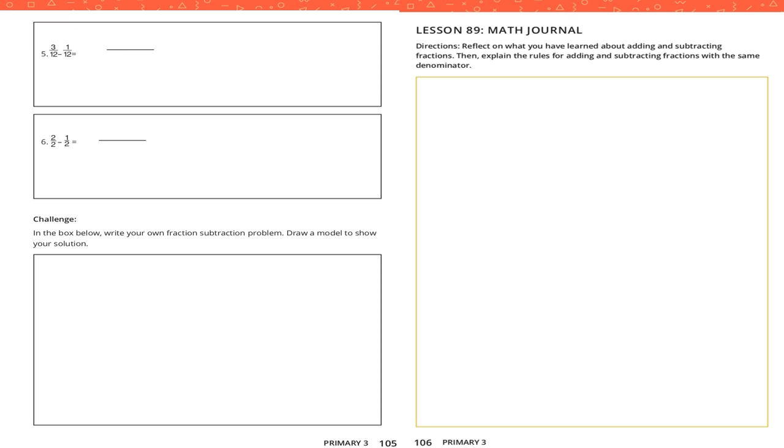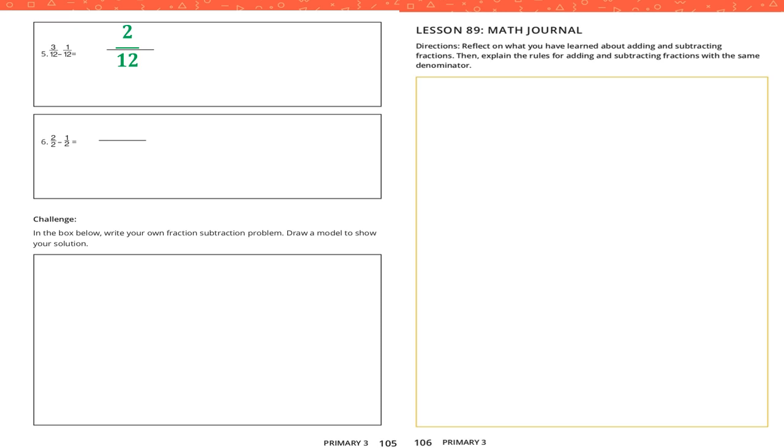Number 5, 3 over 12 minus 1 over 12. What shall we do here? Put the denominator as it is, 12 down, and subtract up: 3 minus 1 equals 2. So the result will be 2 over 12.